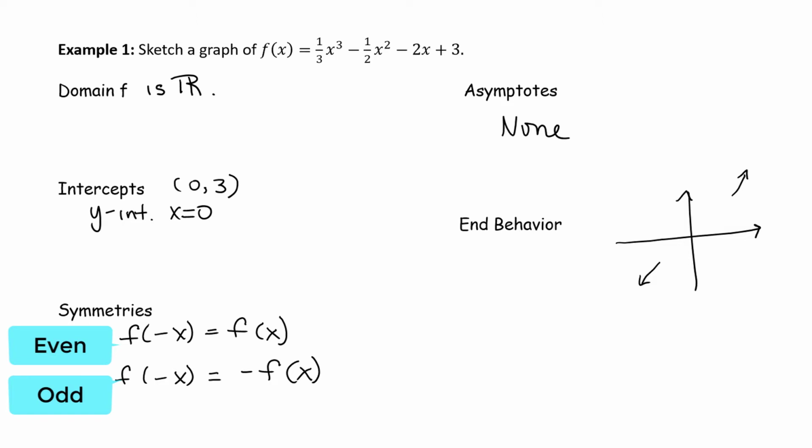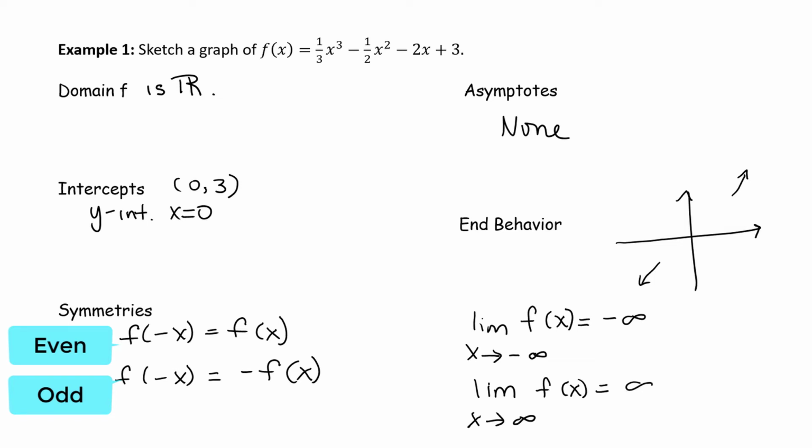We write this in our calculus class as the limit as x approaches negative infinity of f of x is negative infinity, and the limit as x approaches positive infinity of f of x goes to positive infinity.